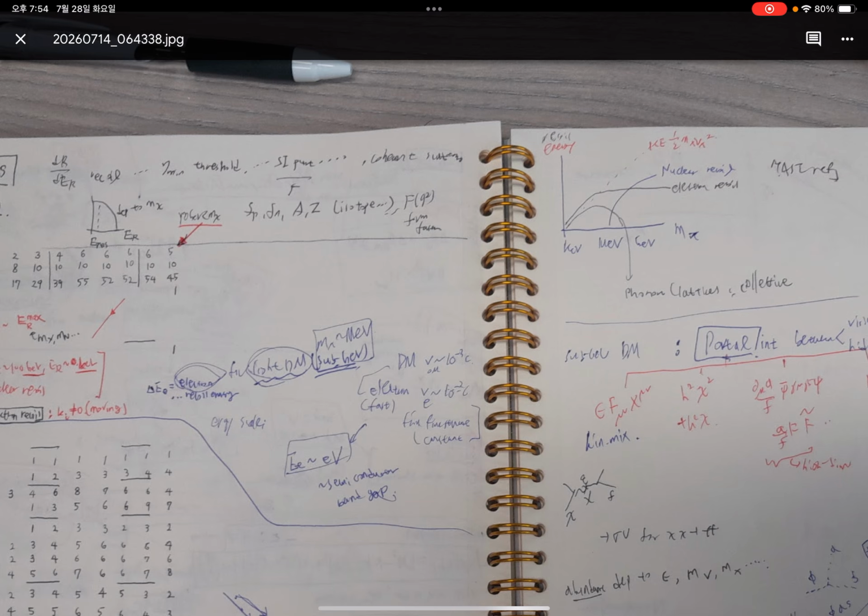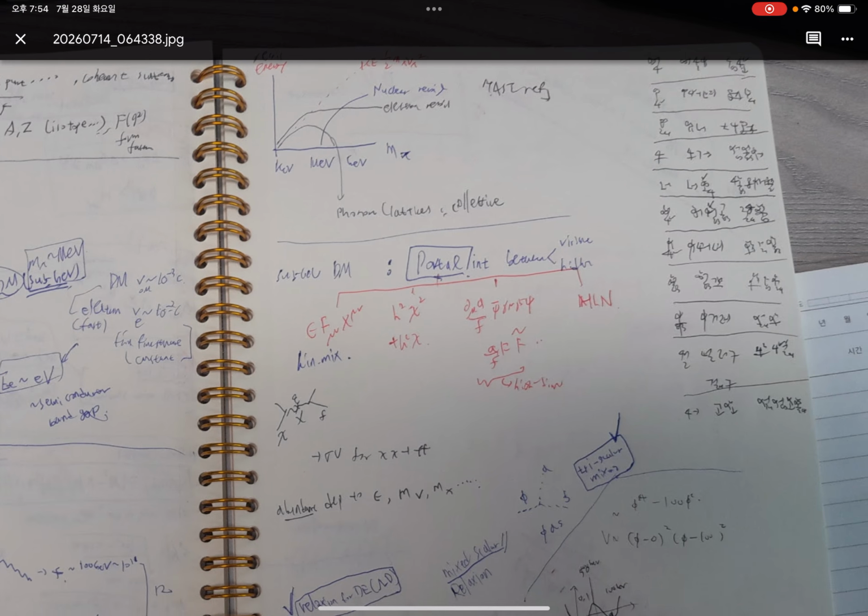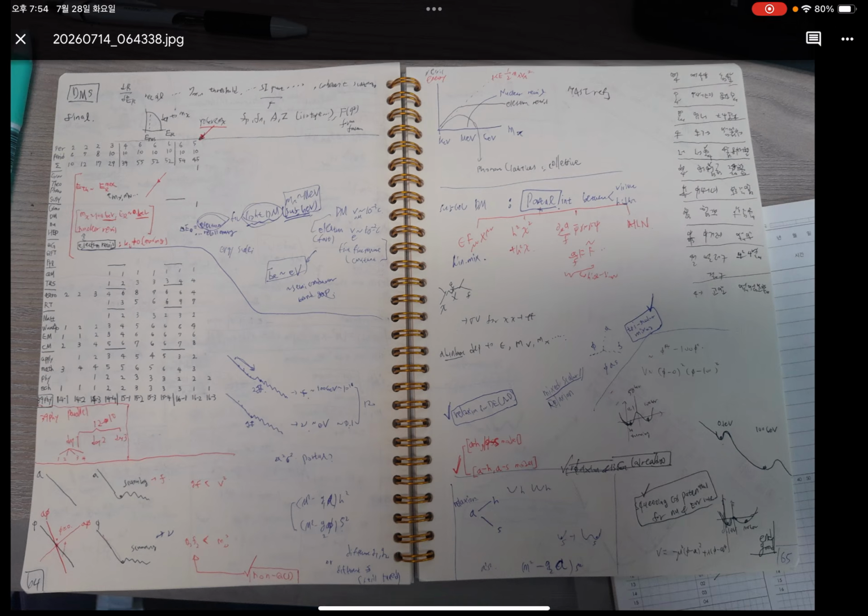And also for the light dark matter, they use electron recoil and also phonons from the lattice. And for such sub-GeV dark matter, they use portal-like interactions between the visible and the hidden sectors. There are several portals: kinetic mixing, Higgs portal, axion portal, and neutrino portal.